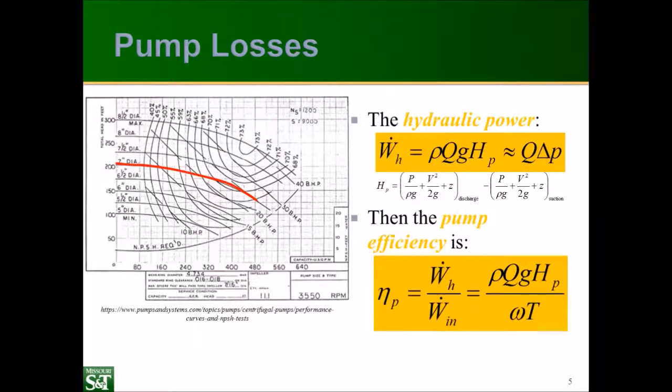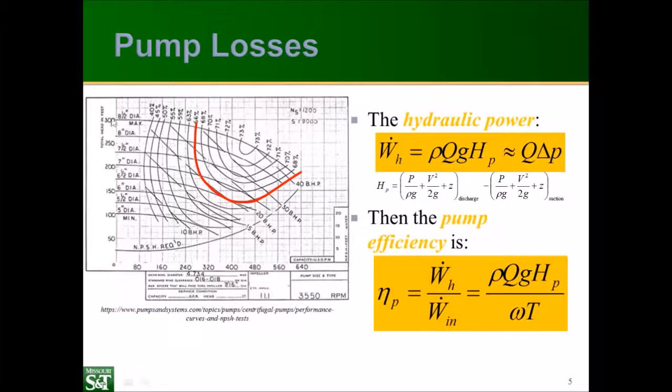Now, we also have lines that indicate the hydraulic power. So these are lines of constant power. So you can see that if your operating point falls along this line somewhere, then you'll have a hydraulic power of 20 horsepower. And we also have lines that indicate efficiency. So this just shows that the efficiency tends to increase as you reach the design condition for the pump.